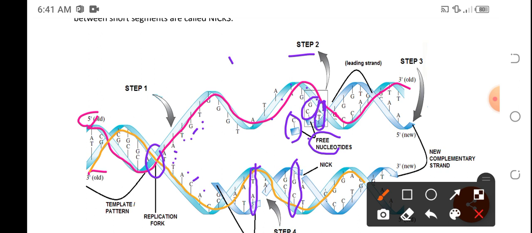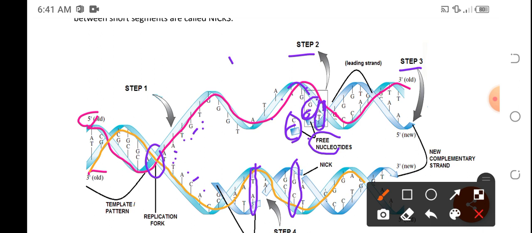For step 3, okay, that's step 3, the DNA polymerase will now act upon these base paired nucleotides. So, it will now join the newly formed, the DNA polymerase will now act upon these free nucleotides being base paired with those on that template to form a leading strand.